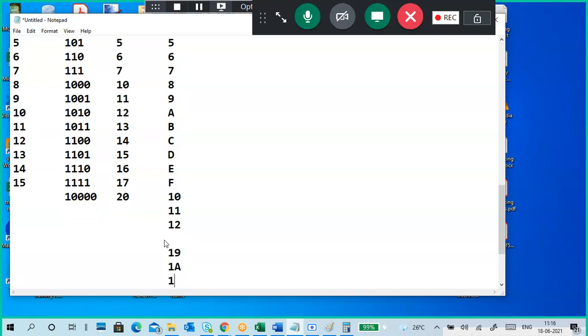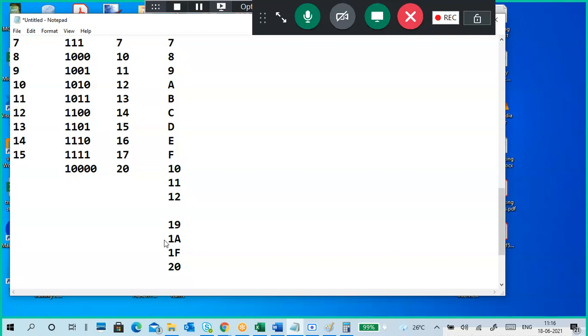Then once you reach 1F, after 1F comes 20. Then 21. Like that it will continue.